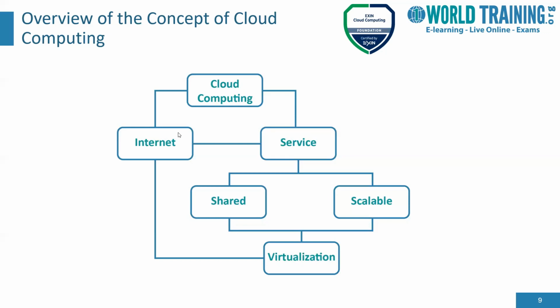In a nutshell, cloud computing is the virtualization of services which are shared, scalable, and accessed with the help of the internet. For cloud infrastructure to be accessed, you certainly need the internet, which is a key enabler for accessing your cloud services.